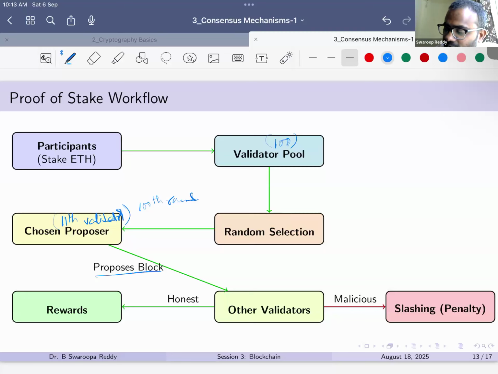Then he will propose the block. Once he is picked as block proposer, he will propose the new block. The remaining 99, that is 100 minus 1, are the others, and this one is the proposer who proposes the block.